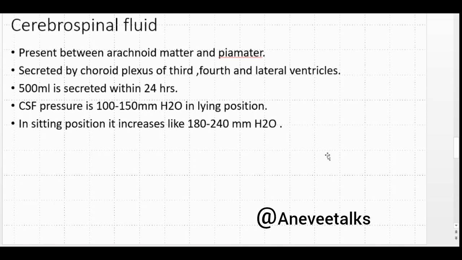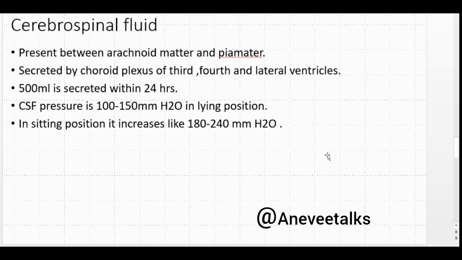When we are in a lying position, the pressure of the CSF is the same in the cranium, that is in the brain, and in the spinal cord. It is between 100 to 150 mm H2O in lying position.